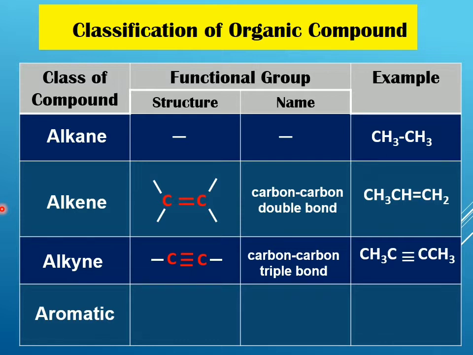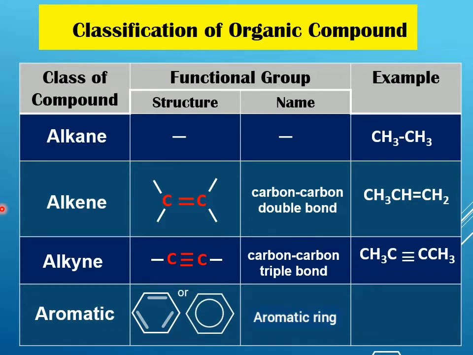And an aromatic compound is made of a 6-carbon cyclic compound with 3 double bonds. So the functional group name is aromatic ring.